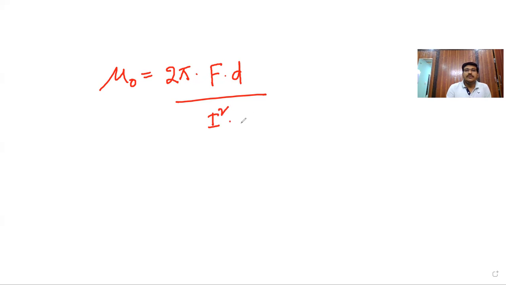Okay. Now, what is the definition of the permeability? The permeability of vacuum is given by 2 pi into force into distance divided by current square into length L. From the previous classes, we have seen this one.